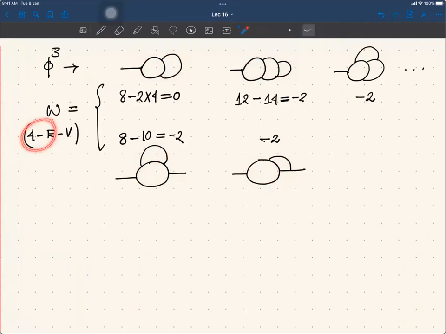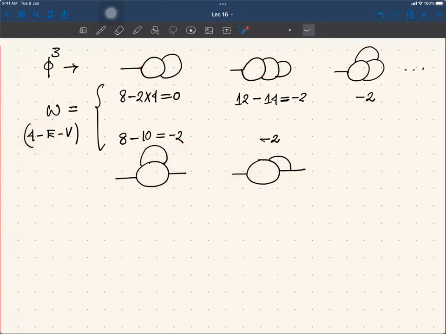So 4 minus E is 3, and then the number of V: 3 minus V, 1, 2, 3. That is 0. Then 1, 2, 3, 4, 5. 3 minus 5 is minus 2, and same here. Here, E equals 2. So 4 minus 2 is 2. So 2 minus V, 1, 2, 3, 4. 2 minus 4 is minus 2, and also same here.